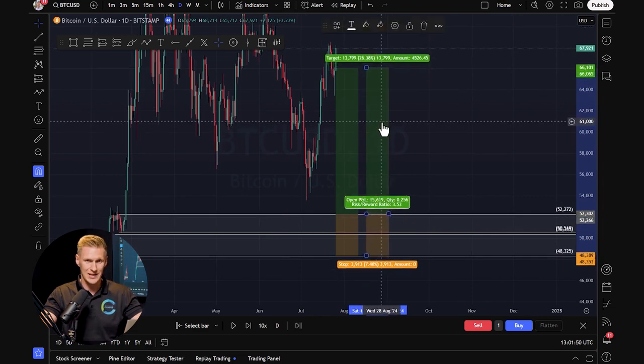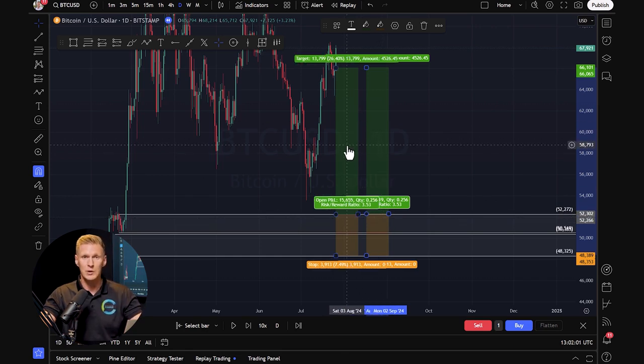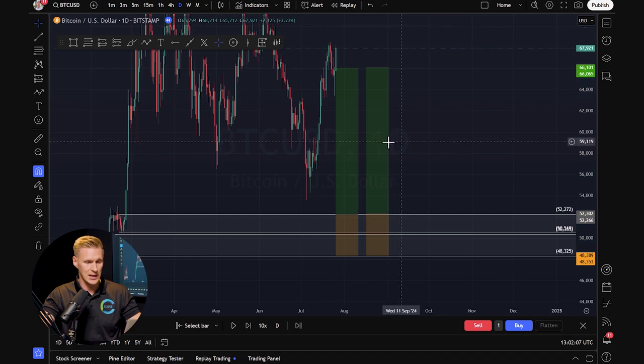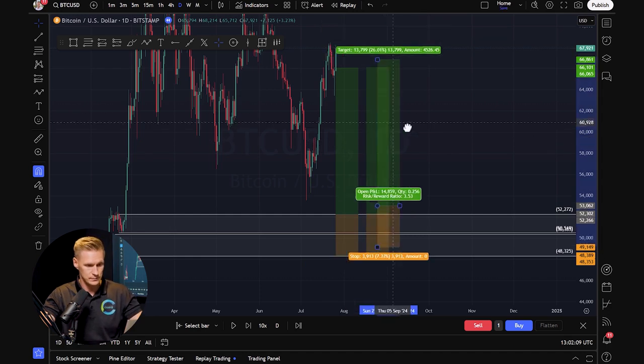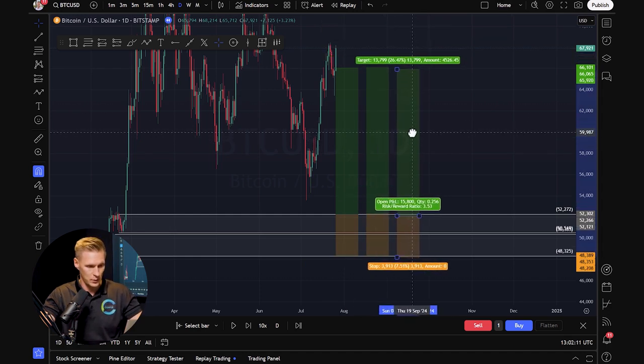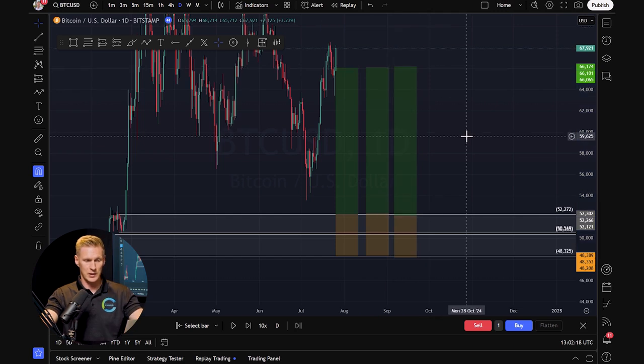Option number 2, we will split our position size into 2 trades, 50% and 50%, half and half. The first 50% is the same as option number 1. We combined both levels, but it's just 50% of our position size. The second one, we will go only with the second level, okay?